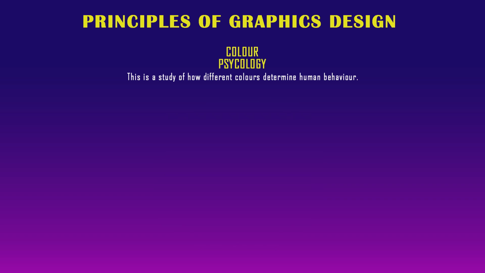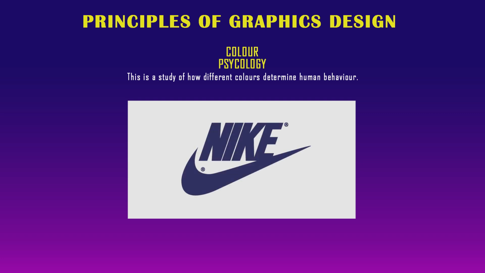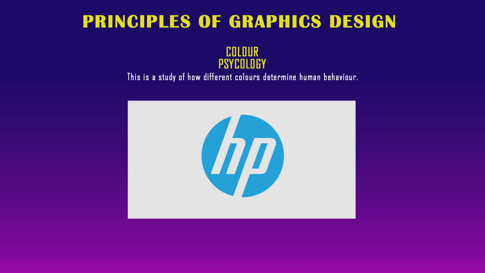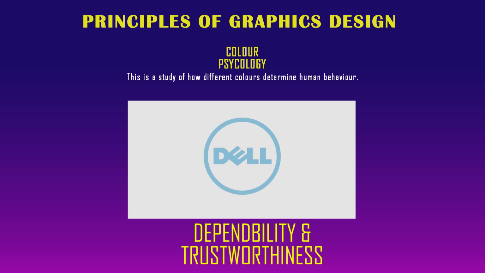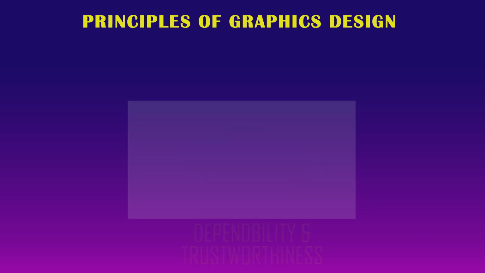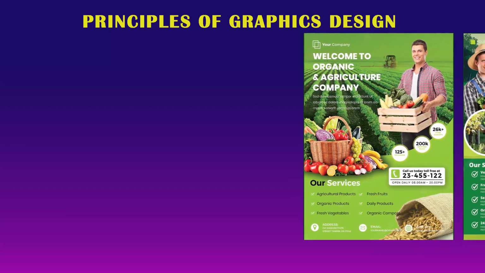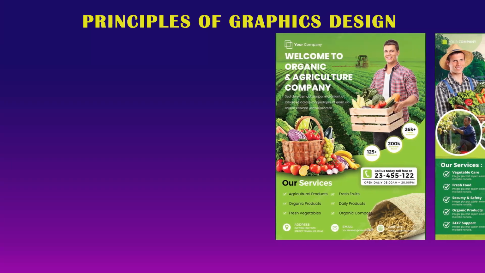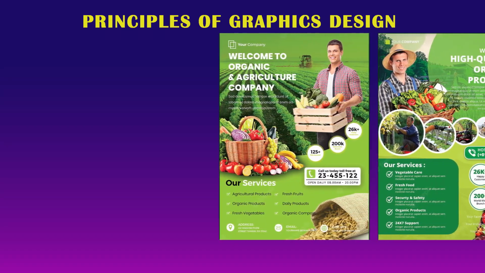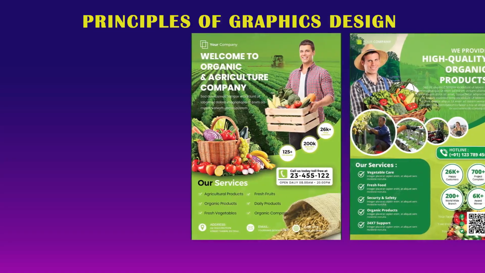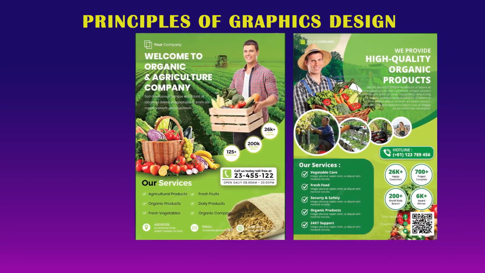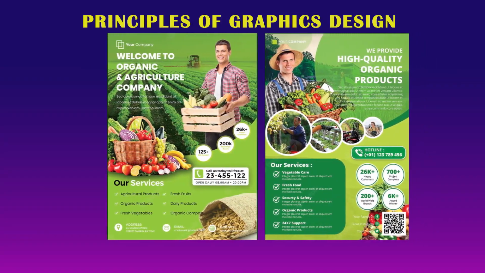For example, some notable companies with a blue logo are often trying to convey that they have characteristics such as dependability and trustworthiness. You will also notice that marketing materials for agriculture commonly have green as their major color, because this green represents nature.